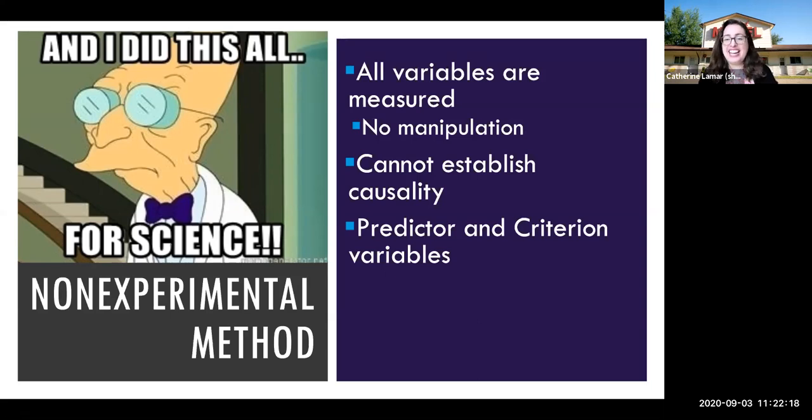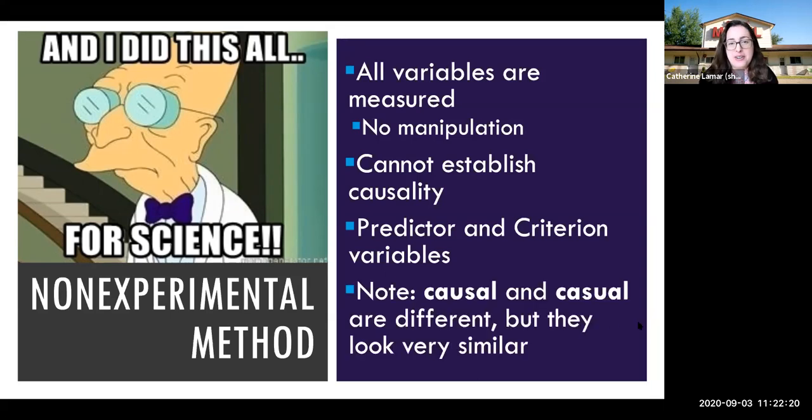Okay, now one quick note before we close things out today, and that is the difference between the words causal and casual. These words look almost identical because they contain exactly the same letters, and it's just the U and the S that gets switched between them.